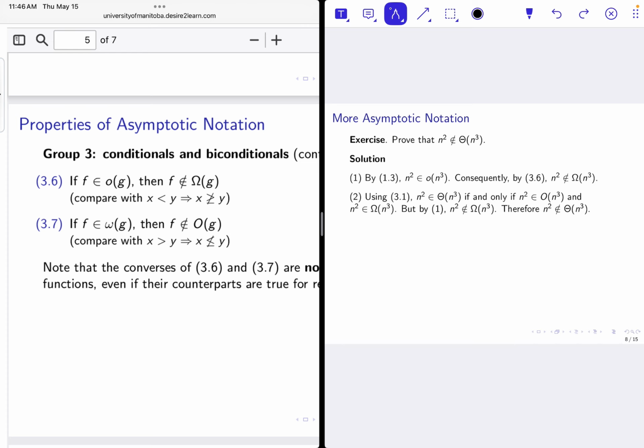So we can say for sure that x is not greater than or equal to y. With their equivalents with functions as n goes to infinity, if f grows way more slowly than g, we know that it doesn't grow at least as quickly as g. So n squared is not in big omega of n cubed.